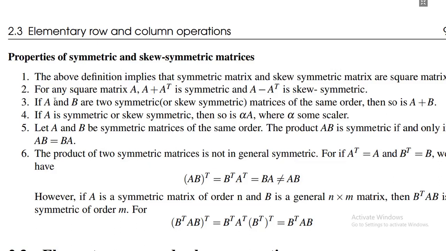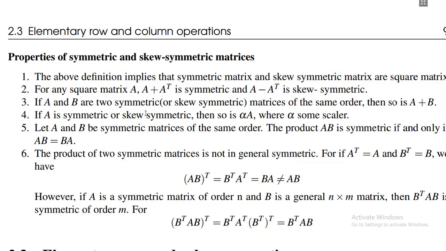Number 3: if A and B are two symmetric or skew-symmetric matrices of the same order, then so is A plus B. That means if A and B are both symmetric or both skew-symmetric, then A plus B is also symmetric or skew-symmetric.